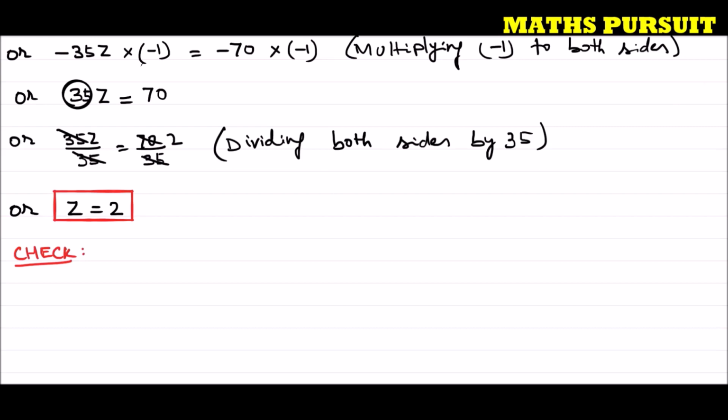In order to check our answer, let us rewrite the original equation that the question has given us. So the question has given us 3 into 5z minus 7, minus 2 into 9z minus 11, is equal to 4 into 8z minus 13, minus 17.